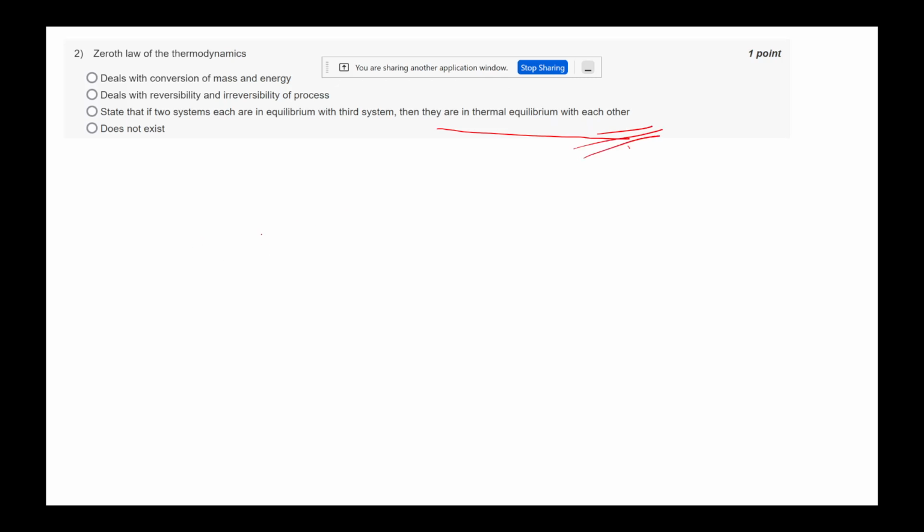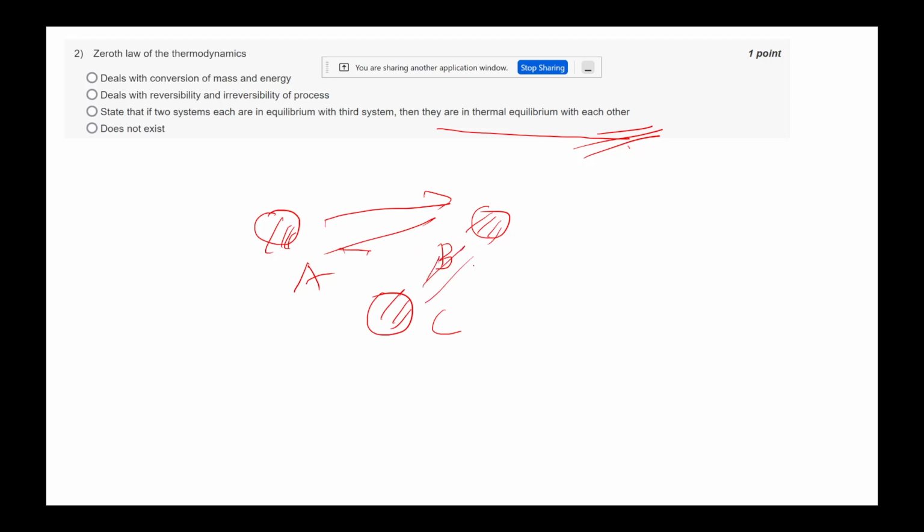For Pranjal, since he was not there, do you understand this point, or do I have to explain? So there will be three systems A, B, C. A and B are in thermal equilibrium, and B and C are also in thermal equilibrium. So that means A and C are also in thermal equilibrium, right? That is called the equivalence principle also.